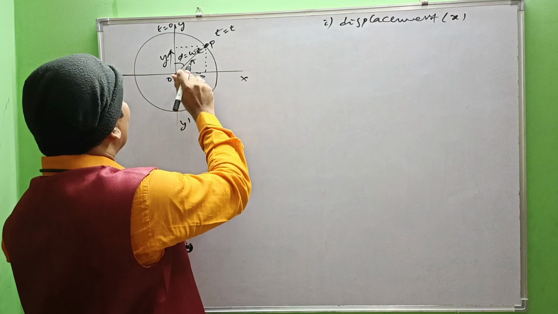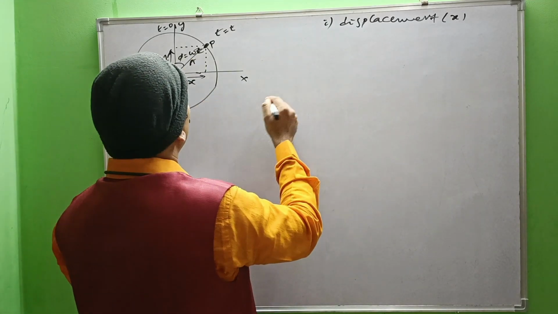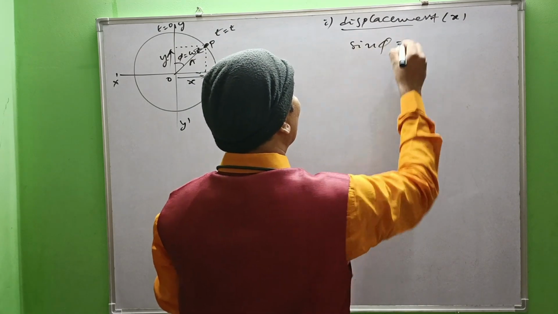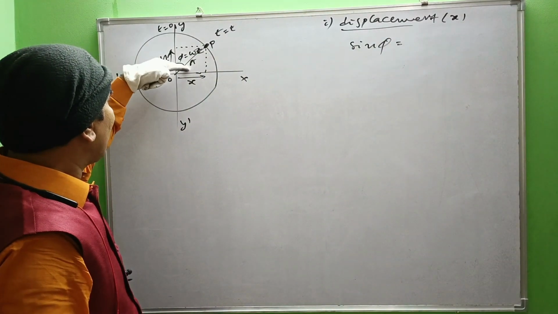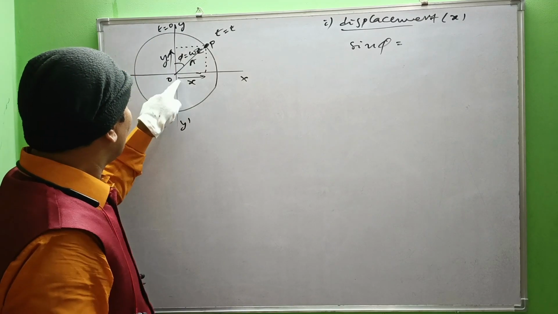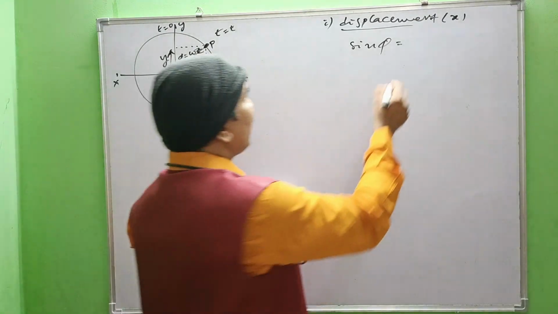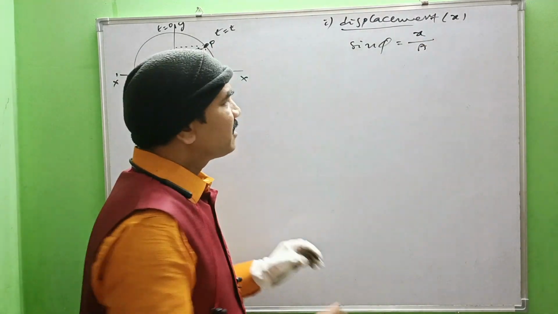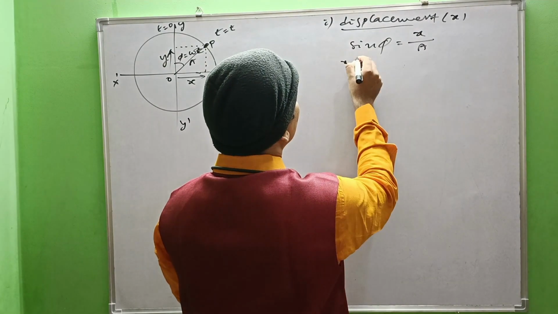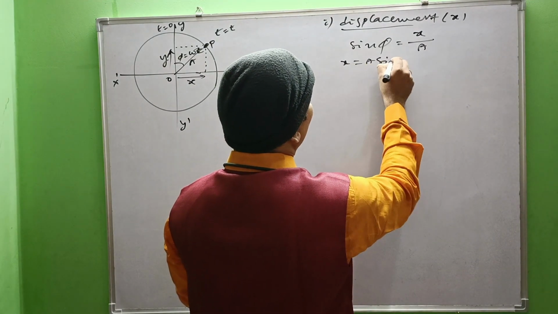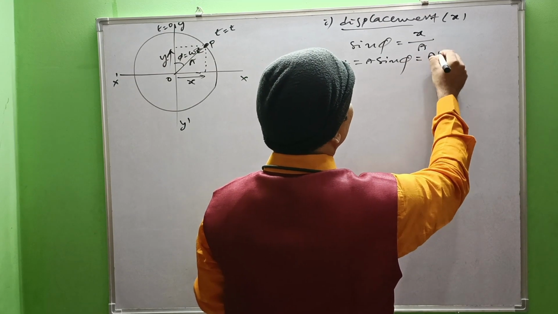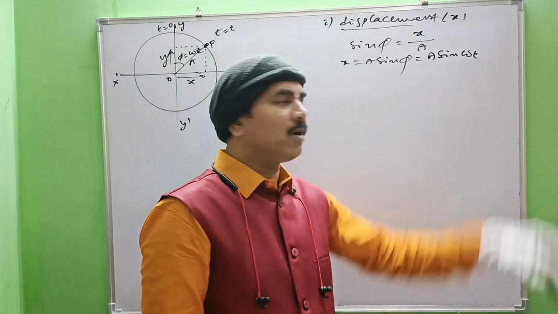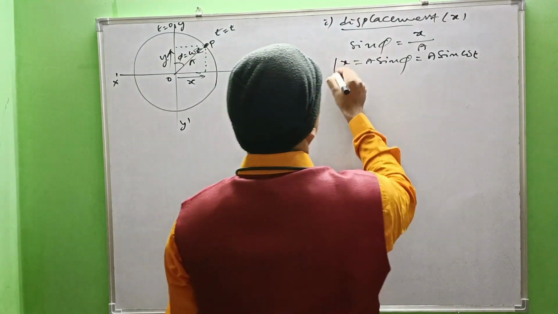Here phi equal to omega t. Therefore sin phi equal to opposite side by hypotenuse from the diagram. What is the opposite side here? x. So x by hypotenuse a, x by a. x equal to a sin phi, that is a sin omega t, otherwise a sin of 2 pi by capital T into small t. This is the expression for displacement.